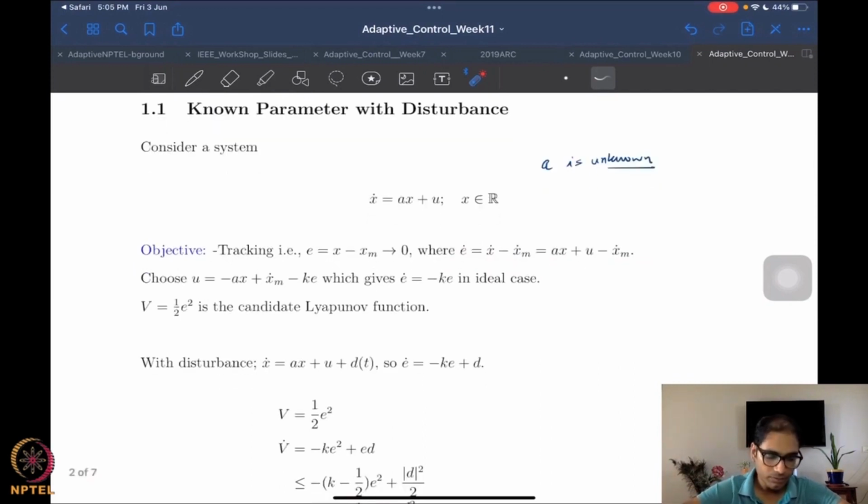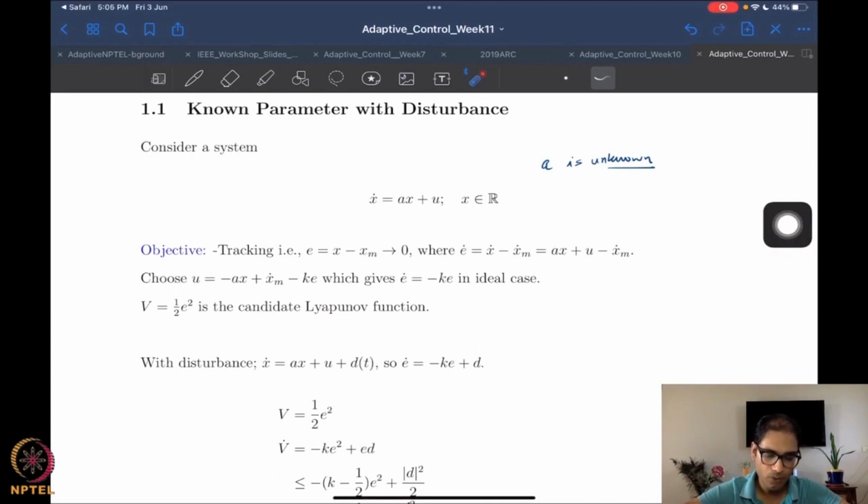When you know the parameter, cancel the drift term, cancel the tracking term, and introduce a nice good term, which gives you e dot is minus ke in the ideal case. So we use V equal to half e squared as the candidate Lyapunov function. All good.